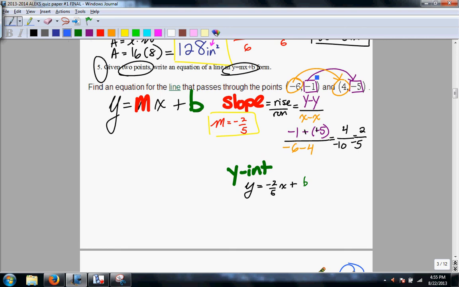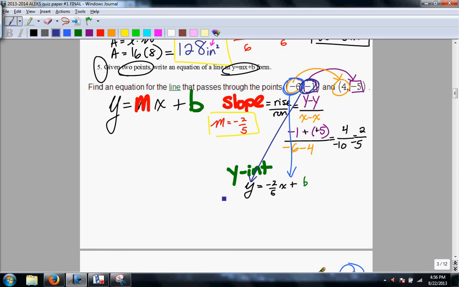So it doesn't matter which one you choose. So I'm going to just go ahead and choose the first one here. So I'm going to put this right where the x is, and this right where the y is.